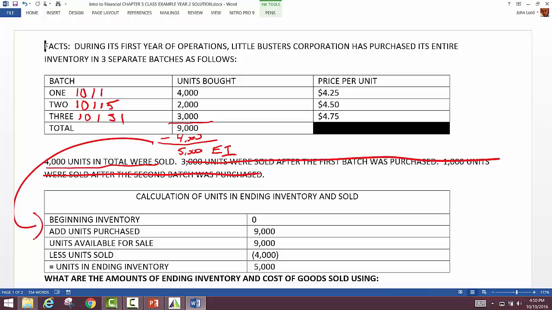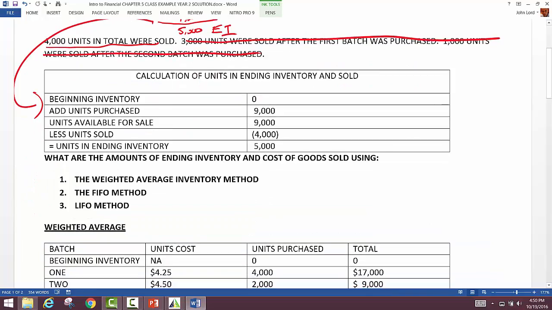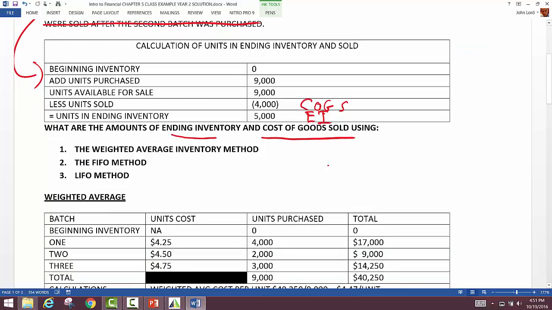This is the way the exam questions are going to look: we're going to ask you what is the ending inventory and what is the cost of goods sold. The ending inventory is those 5,000, and the cost of goods sold is those 4,000. I'm going to ask you under each of these methods, and expect you to be able to answer a question under each of these methods.